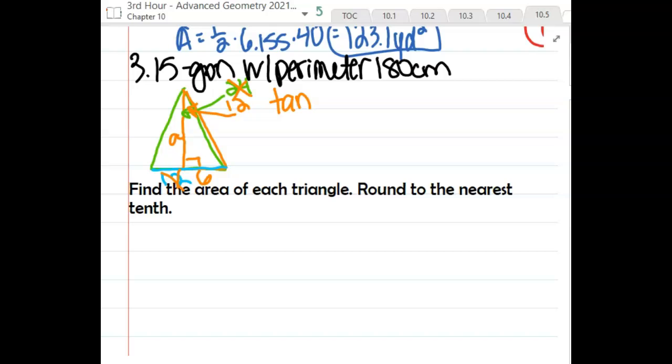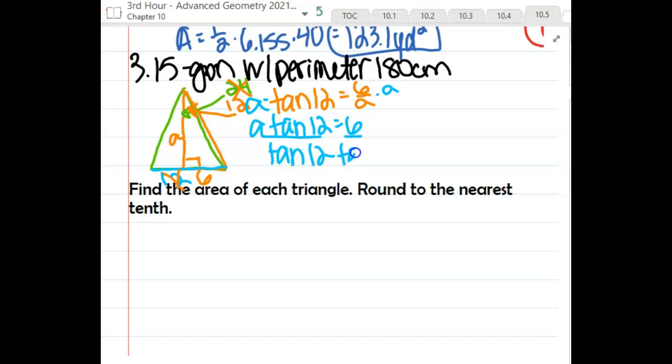So we are going to take tangent of 12, and tangent is OA, O over A, so opposite over adjacent, so 6 over A. Can't have that A in the denominator, so multiply both sides by A, so we'd have A times the tangent of 12 equals 6, divide by the tangent of 12, and this is where I would probably keep maybe 3 decimals just to be safe. We should get about 28.228.